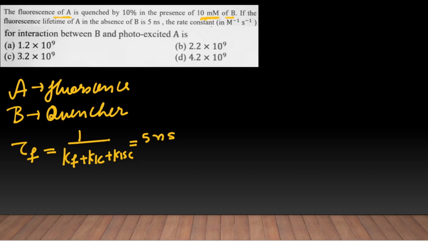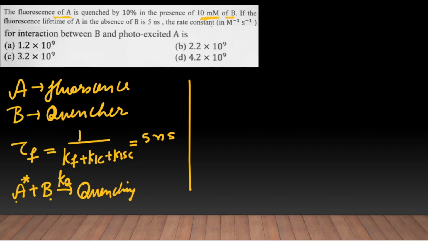That means they are asking the rate constant for quenching, because the activated molecule A is coming in contact with B. So the process taking place is quenching, and its rate constant is KQ, right?